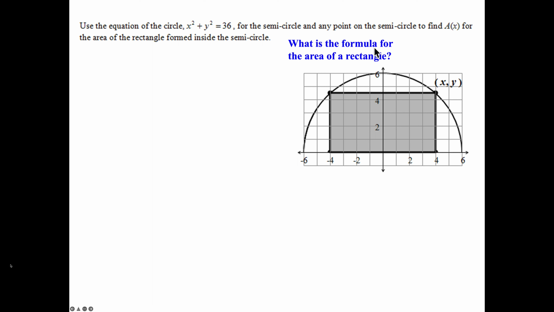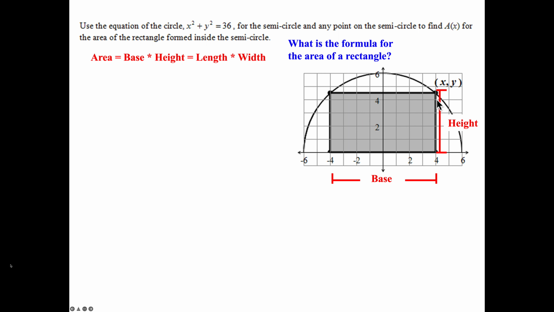So my area of the rectangle is going to be base times height or length times width. It doesn't matter which one you use. So here's my base, here's my height. So let's just say, so we understand this negative number concept, let's say my x and y is over here.